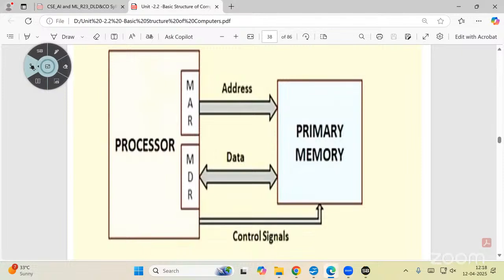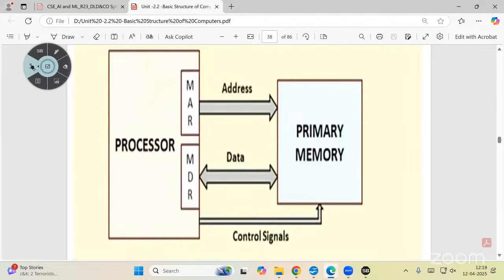How the devices are connected: you can see here the processor and memory device, and two registers we are using. One is MAR and one is MDR. MAR stands for memory address register. MDR stands for memory data register.